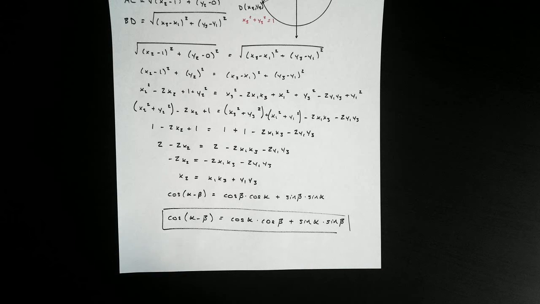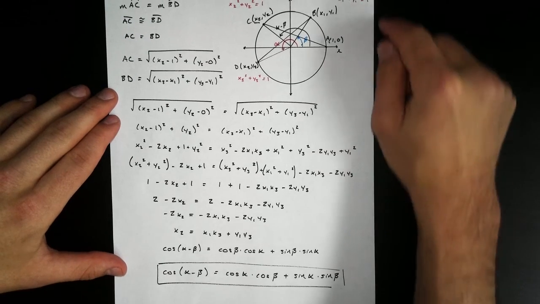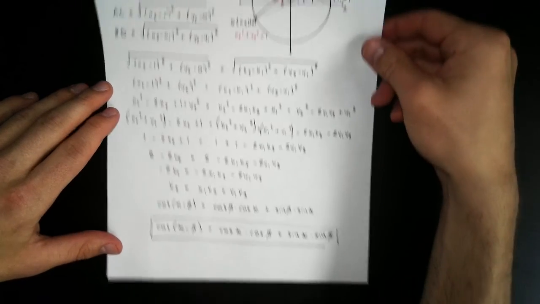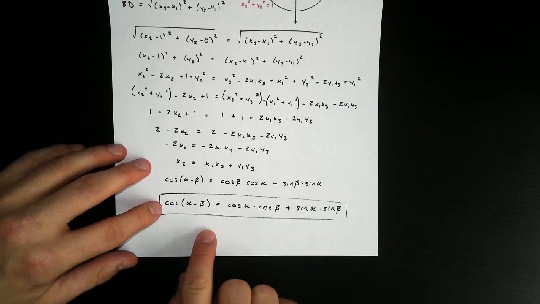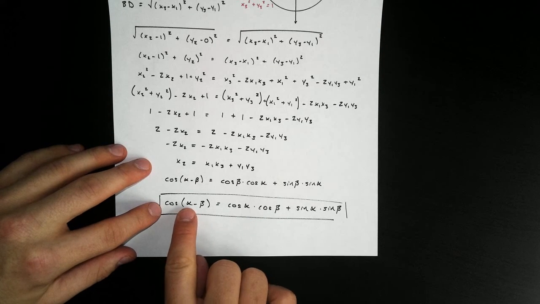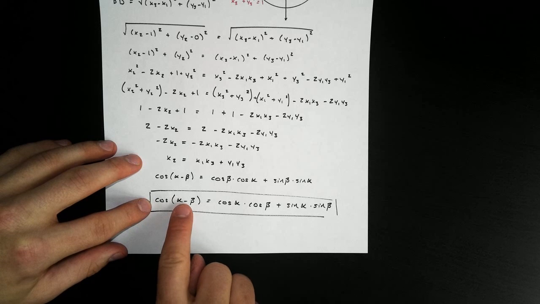Now we can follow a very similar process for our other sum and or differences. However, now that we know one of them, we can actually use this to derive the other ones. For example, if I want to figure out the cosine for a sum of two angles, I would replace beta with the opposite of beta, subtracting a negative that turns into plus.